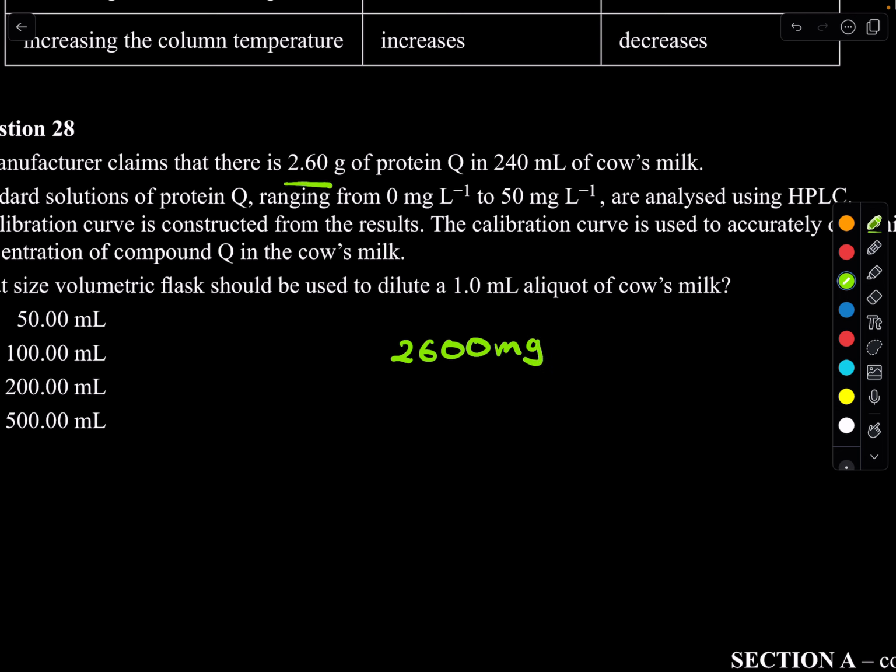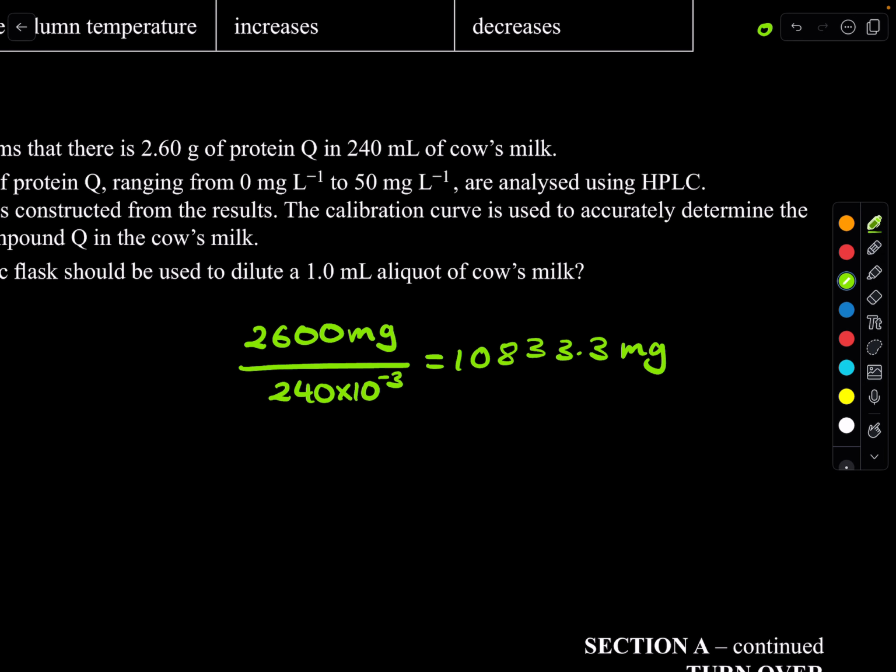That is just converted to milligrams. But it's also per liter, and this is a milliliter, so make sure you divide it by 240 times 10 to the negative 3 to get it in terms of liter. So 2600 divided by 240 times 10 to the negative 3. Now you get 10833.3 milligrams per liter.